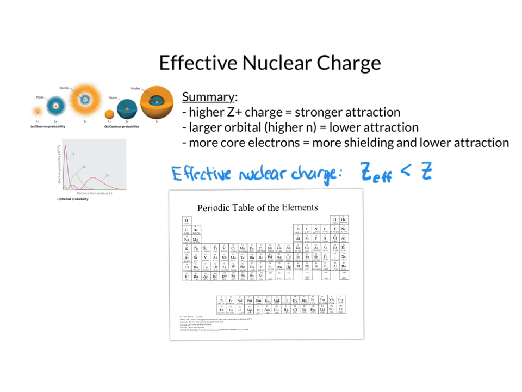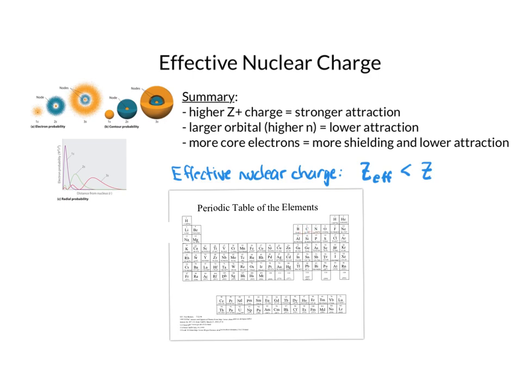So if we think about these three factors and compare atoms that are in a particular row on the periodic table, a particular period, let's look at these row 2 atoms. As we go across the row, the atomic number increases, so we're getting a higher and higher charge.